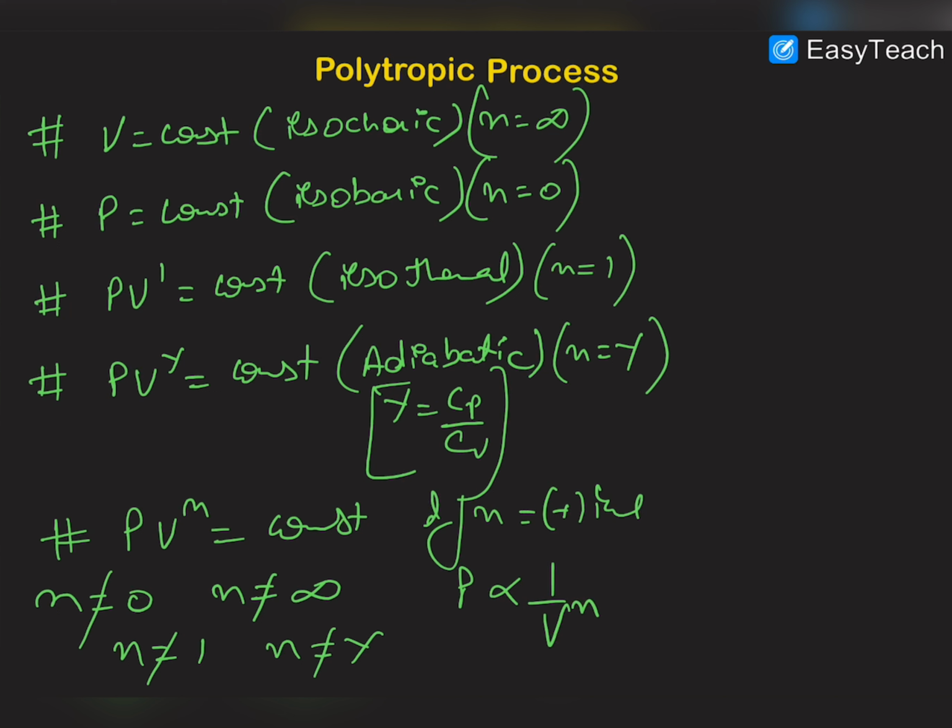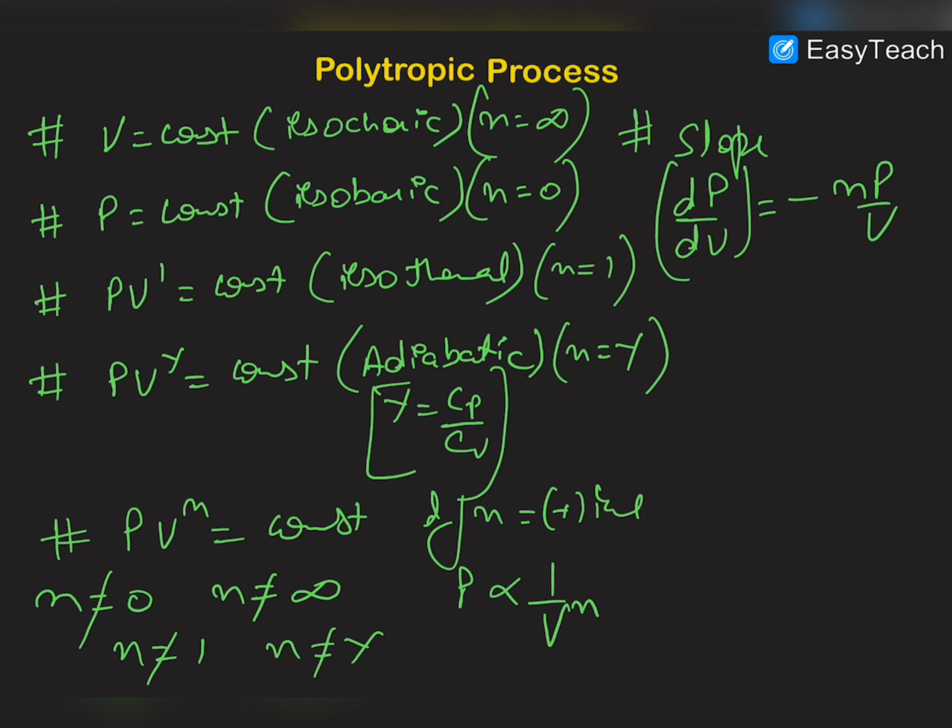So we cannot name the process, or we cannot name the curve directly. We cannot draw the curve because we do not know the value of n.